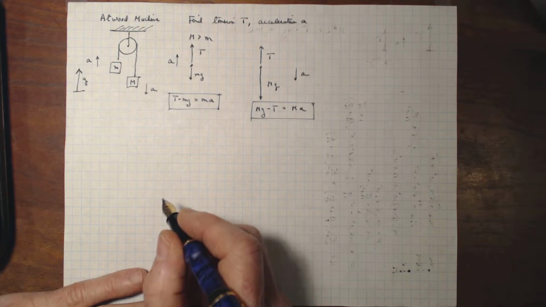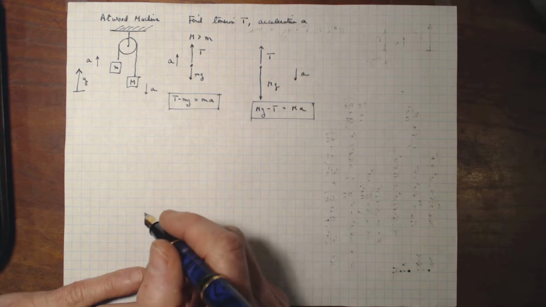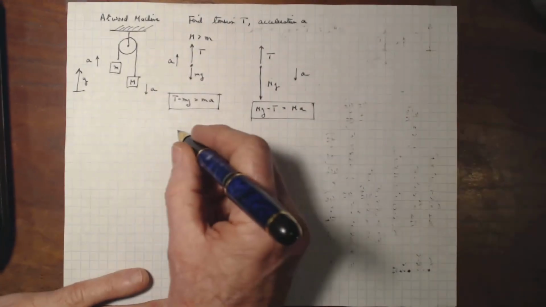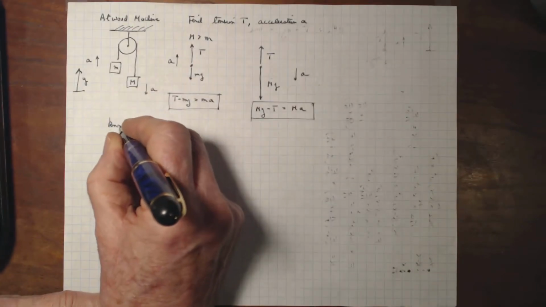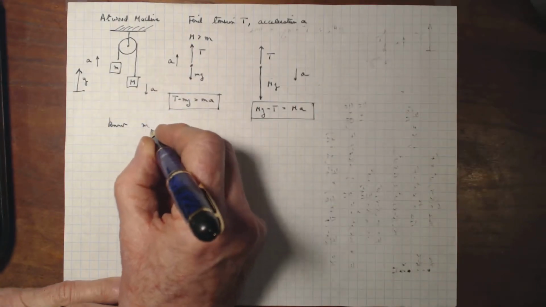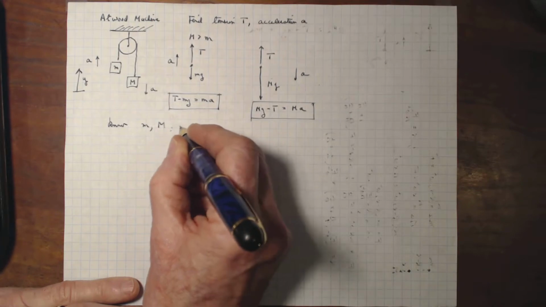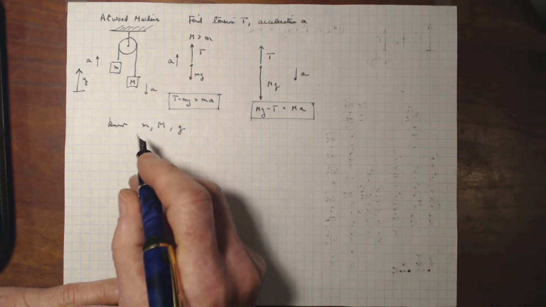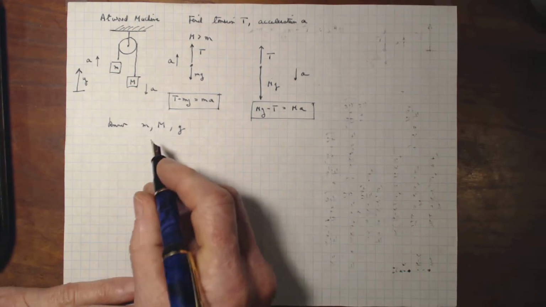Two equations, and we have two unknowns. We're going to assume that we know what little m and big M are, and we're going to assume that we know what g is. So let's write that down. So we know little m, big M, and g. For any particular problem, we would know what each one of these is.